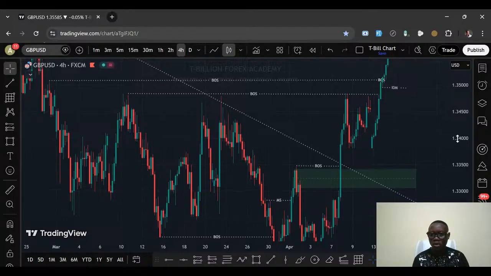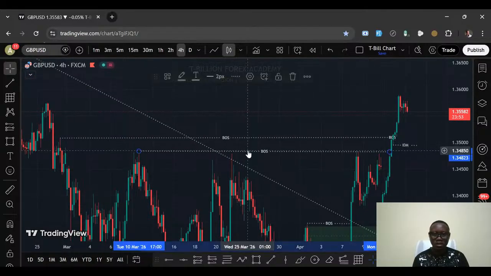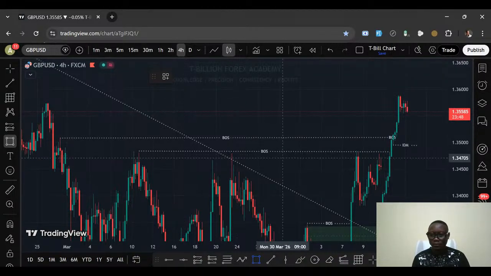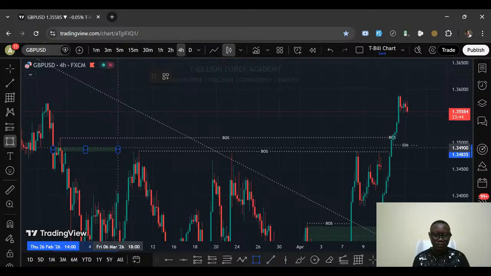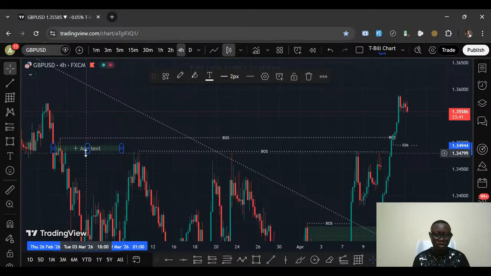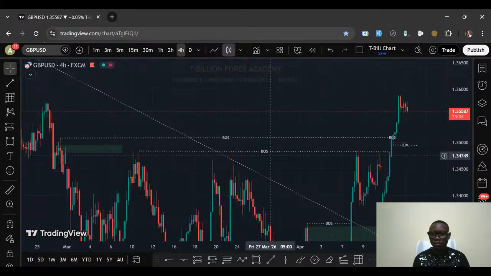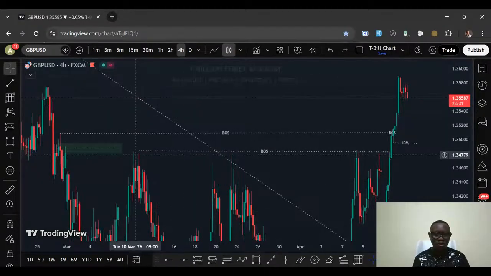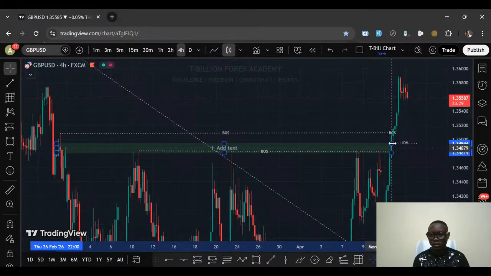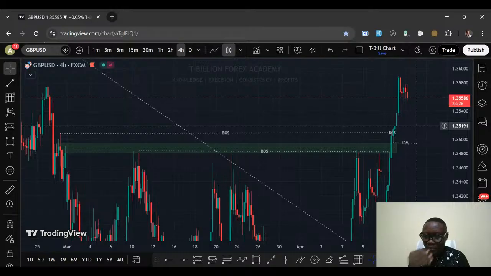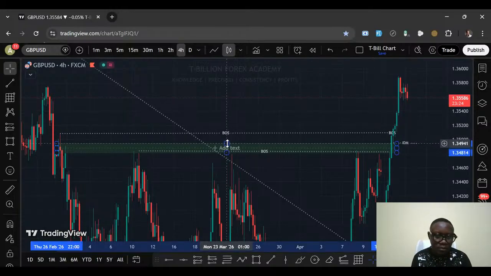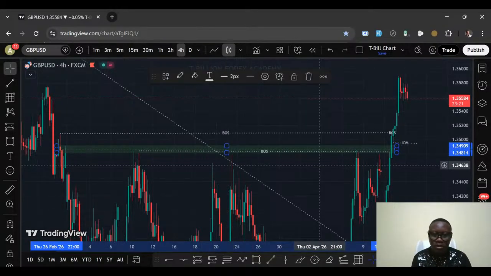Instead of working with this, I would rather work with the most recent POI. So we have that, and this becomes my 4H POI. This. Okay, so this becomes my 4H POI, right here.